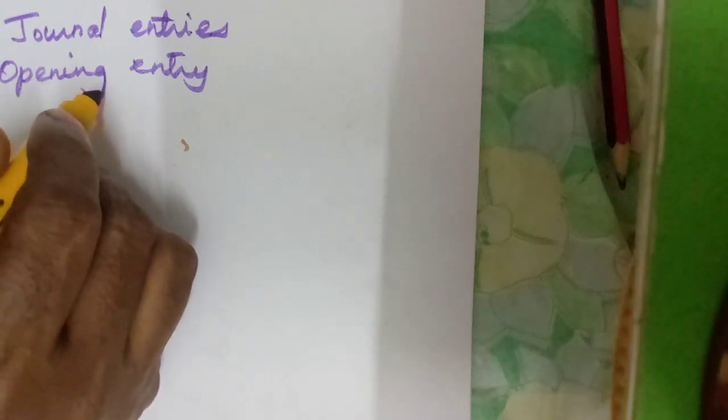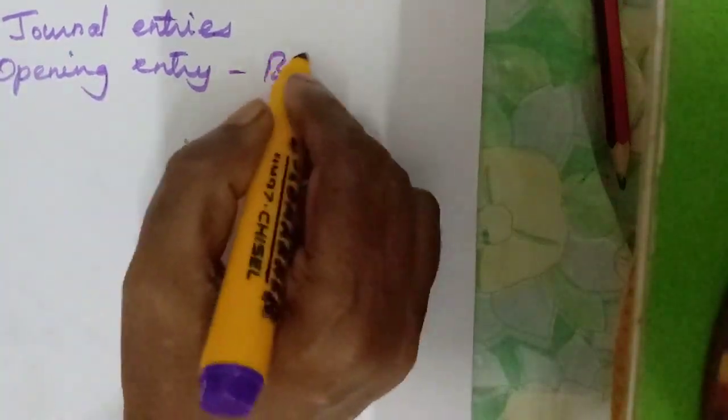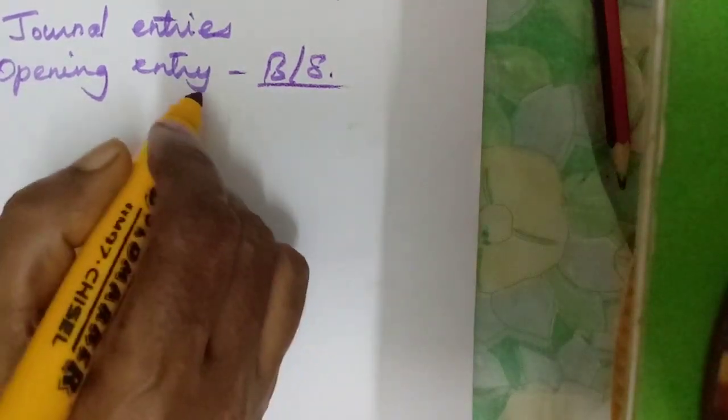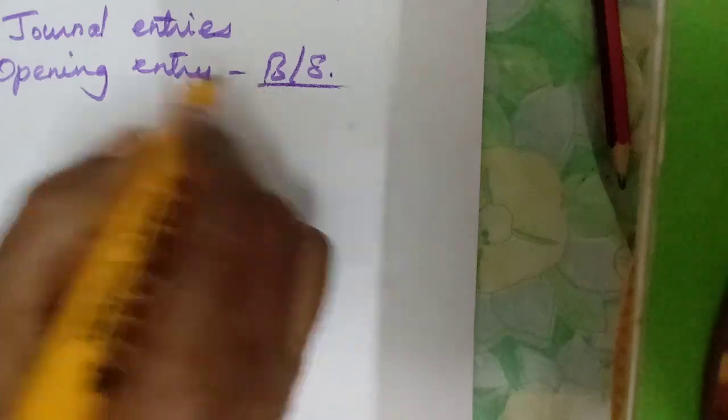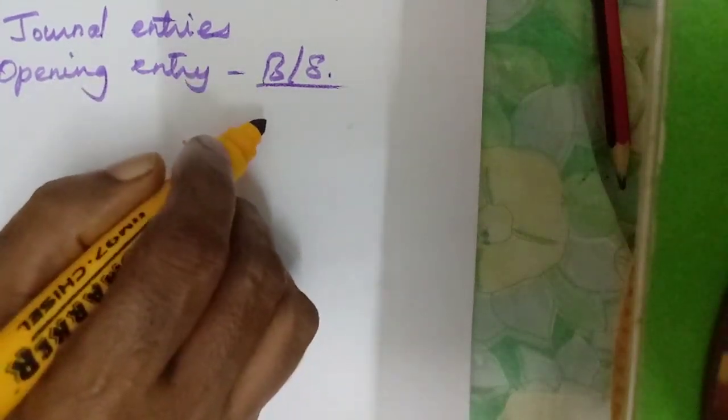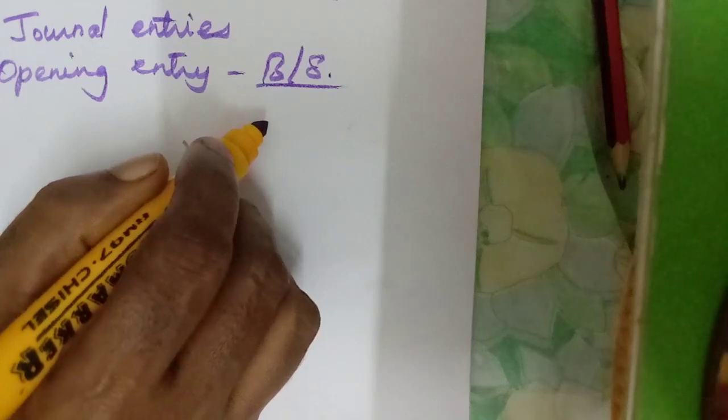Then these balance sheet items will be taken as the opening balance in the next year. So the closing balance sheet of the previous year will be prepared as a journal entry in the next year beginning. That is called opening journal entry.